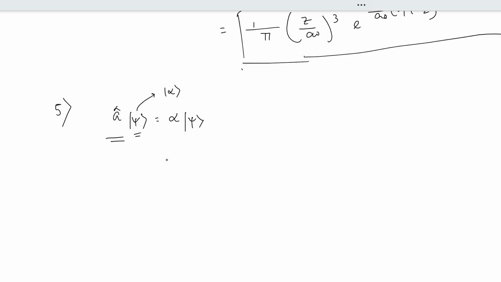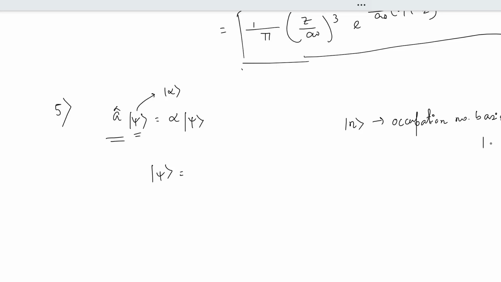Now if you have been familiar with the lecture notes, you know probably that you can represent the state psi ket as a linear combination of these states in the occupation number basis. So let's say n is the occupation number basis states. That means the value of n suggests how many particles are there in a particular state.